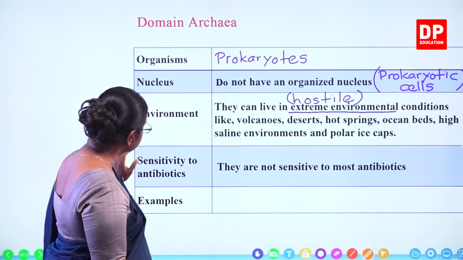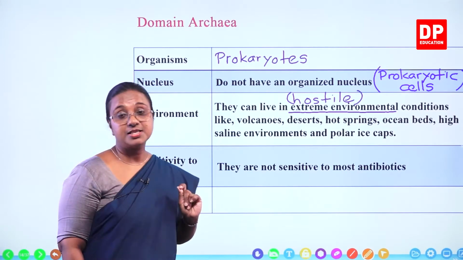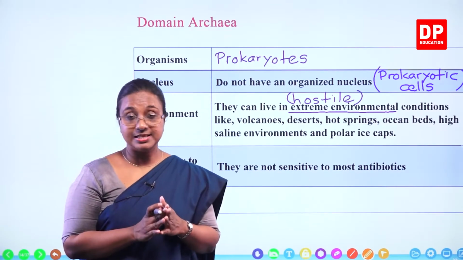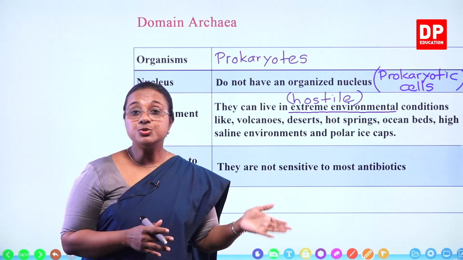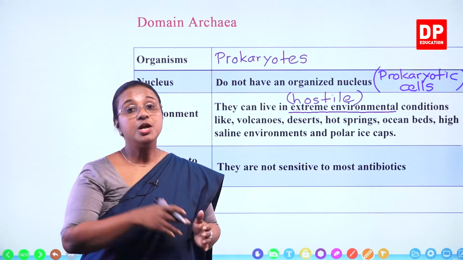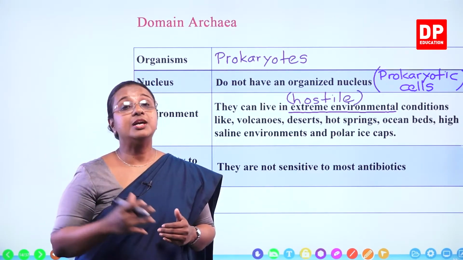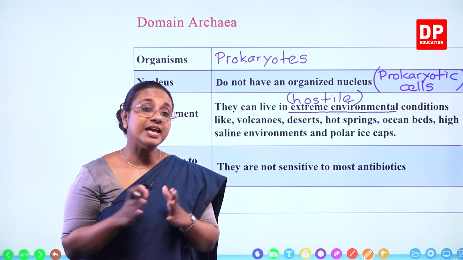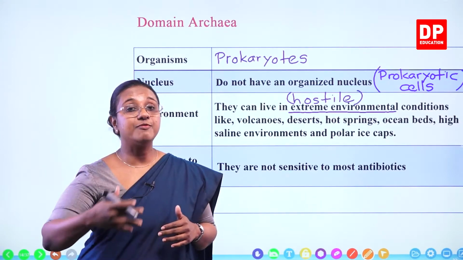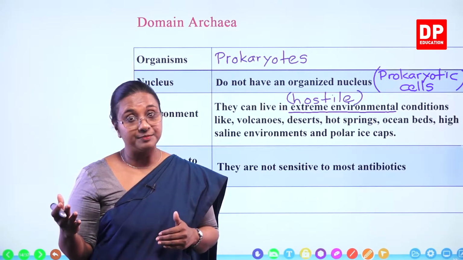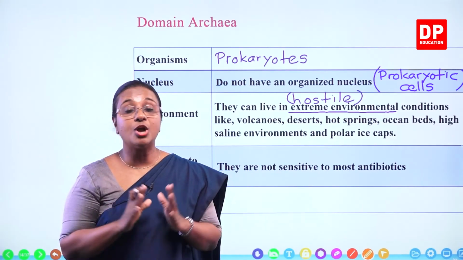Then if we consider another characteristic, sensitivity to antibiotics. Now you all know what antibiotics are. Antibiotics are chemical substances produced by one microorganism to sabotage or destroy another microorganism. For example, penicillin is an antibiotic obtained from the fungus Penicillium, and this is used against bacteria, as you all know.